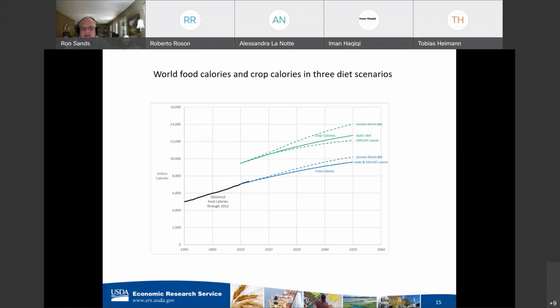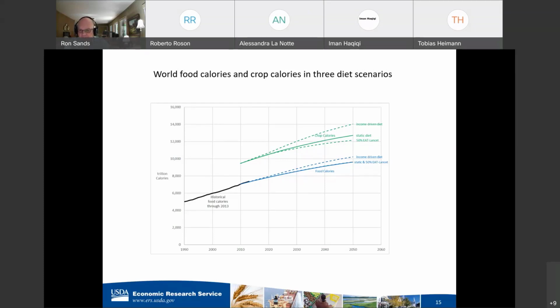So the dark blue line and the dark green line are the static diets. And the food calories are calibrated to the historical food calories from FAO food balances through 2013. So I've got a pretty good match there in terms of picking up from that point.